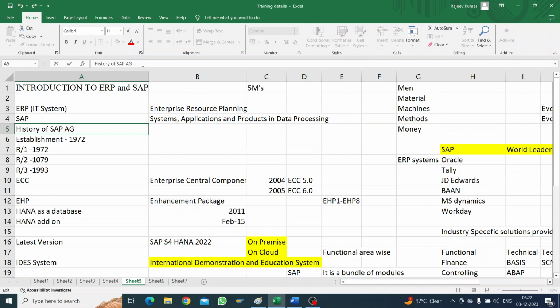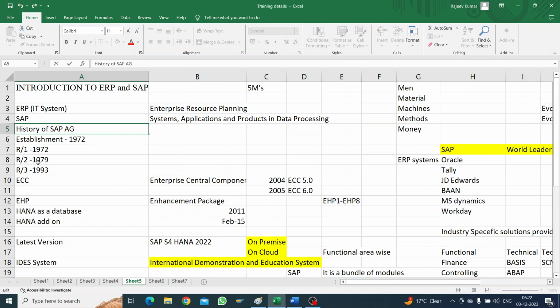Please understand that. So it was established in 1972 by five ex-IBM engineers, and they first launched R1. R1 means real-time one layer software of ERP, the first SAP system, in the year 1972.